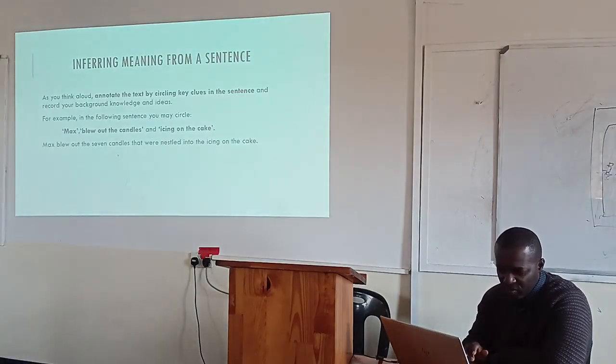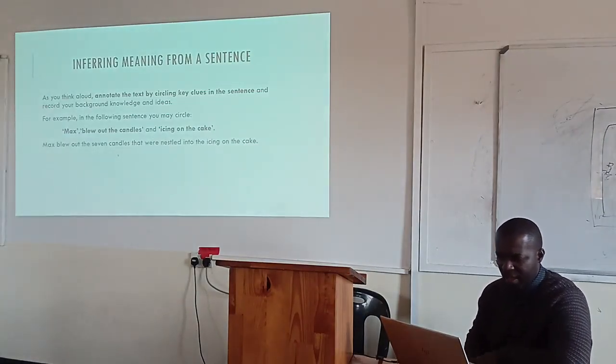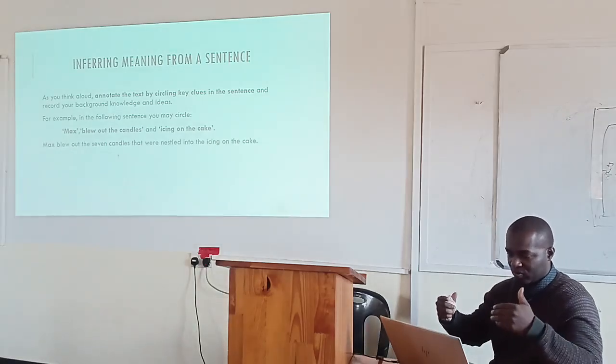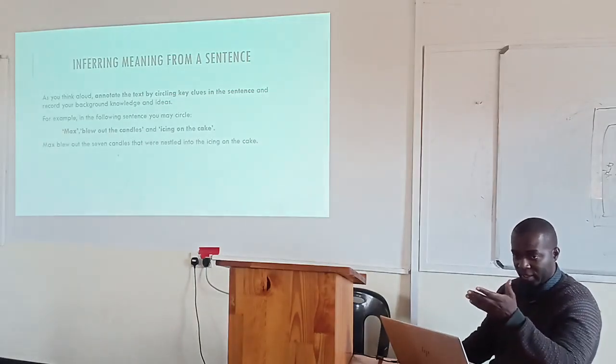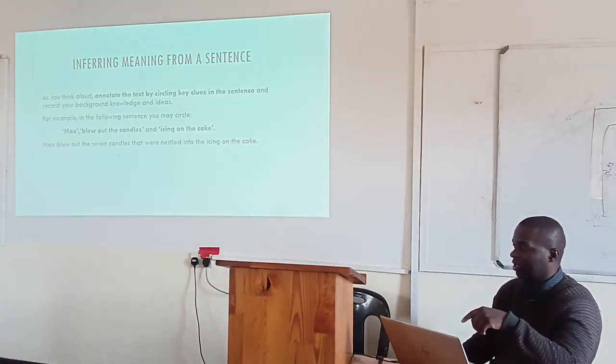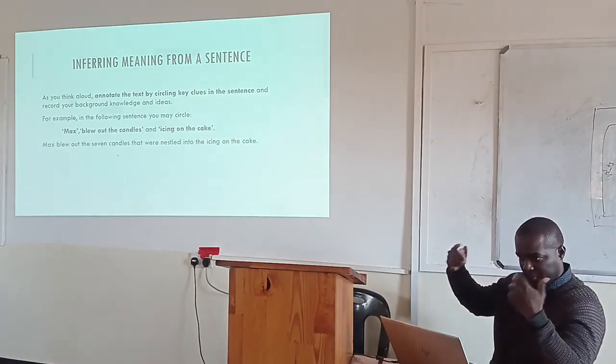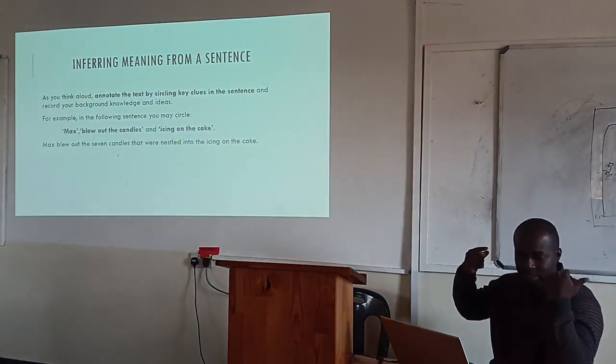As you think aloud, because you have to be thinking aloud. We are usually encouraged to say that when you are reading, you should have that inner voice of speaking or reading aloud in your head, right?